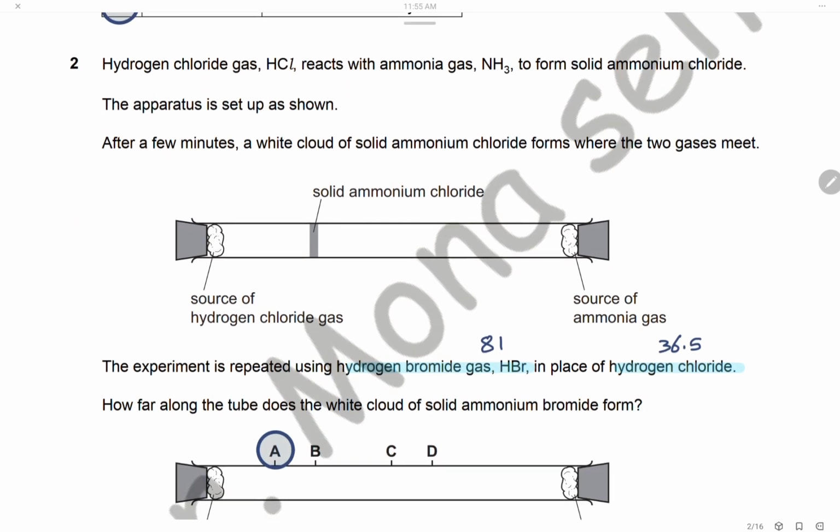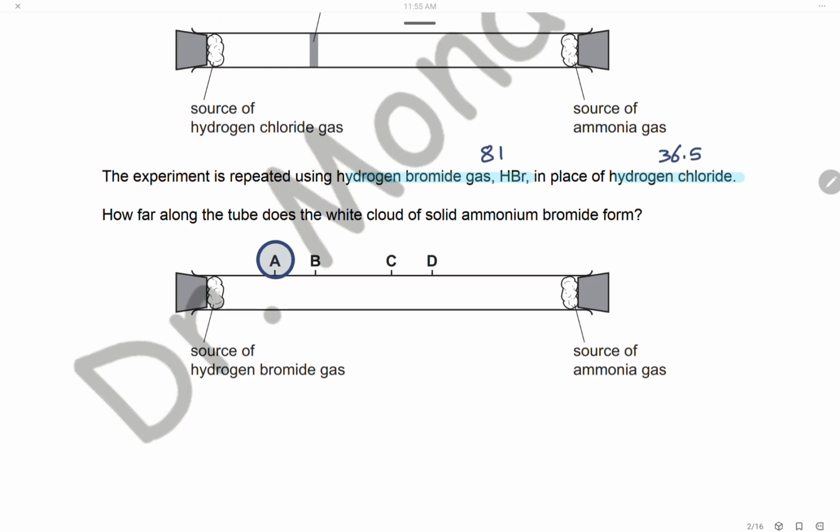Question 2. Hydrogen chloride gas reacts with ammonia gas to form the solid ammonium chloride. The apparatus is set up as shown, and after a few minutes, a white cloud of ammonium chloride is formed at the point where the two gases meet. We repeat the experiment using hydrogen bromide instead of hydrogen chloride. How far along the tube does a white cloud of ammonium bromide form?